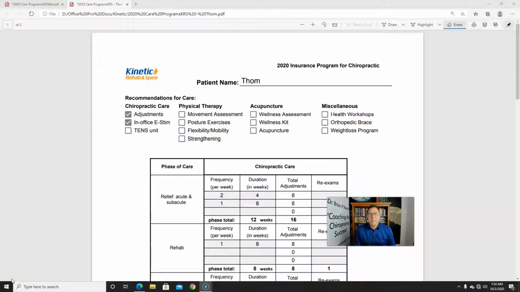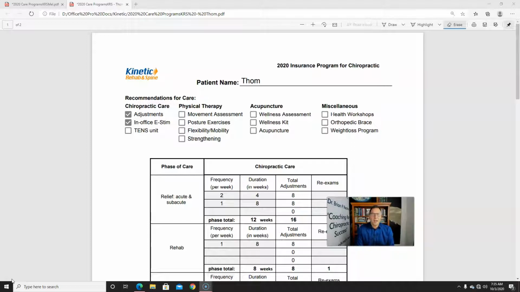So without going any further, let's look into what a financial plan is so you can understand it. All right, let's look at a financial plan here for this specific office that I work with, Kinetic Rehab and Spine. Now, they offer chiropractic care, physical therapy, acupuncture, and other miscellaneous services.